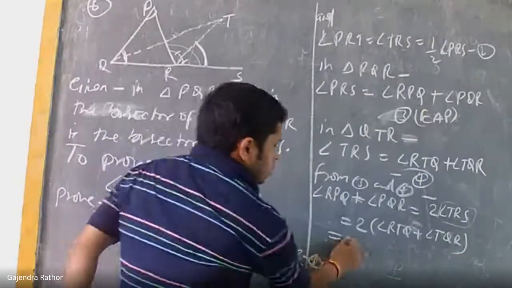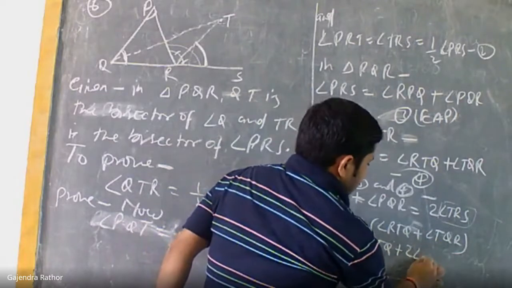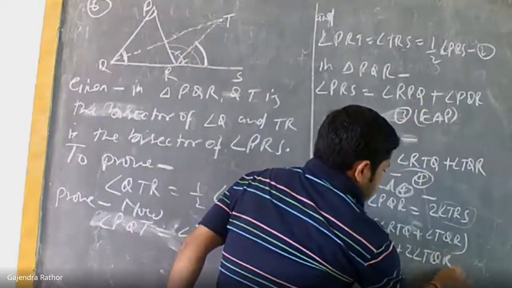Open the bracket: 2 angle RTQ plus 2 angle TQR.